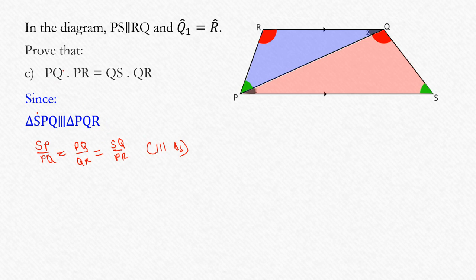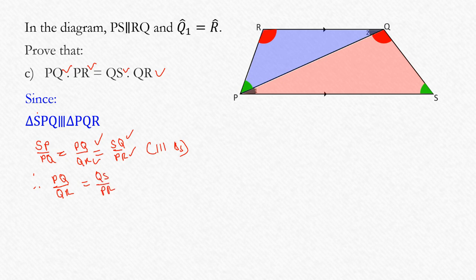Now we have PQ, PR, QS, and SQ and QS is just the same thing, then QR. So therefore PQ over QR is equal to QS over PR.